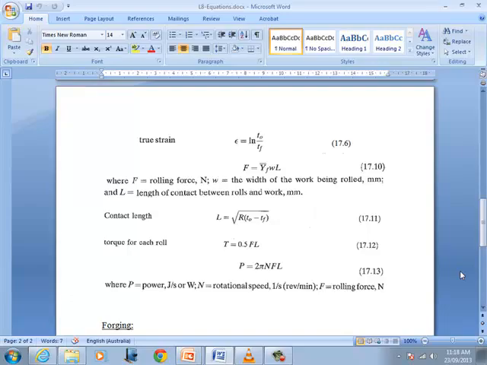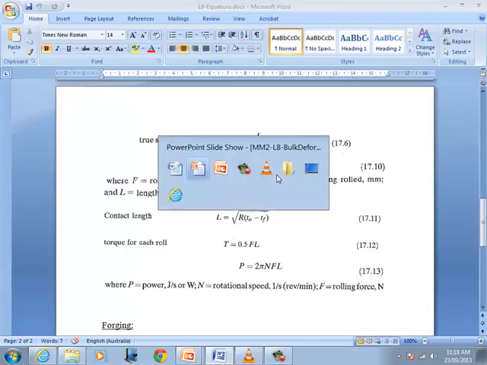If so, we do it that way. Otherwise, you've got to compute the parameters which are needed. For example, to compute the force required for this rolling process, we need to compute YF bar, which is the average flow stress. W is given, L is to be computed. L, which is the contact length, is to be computed.